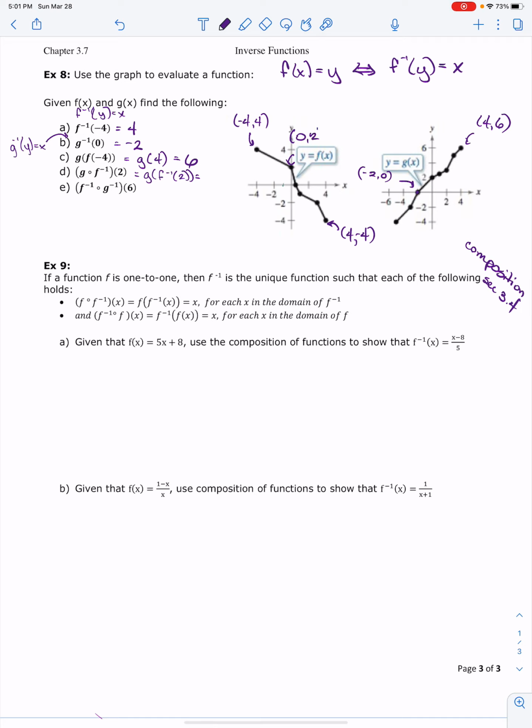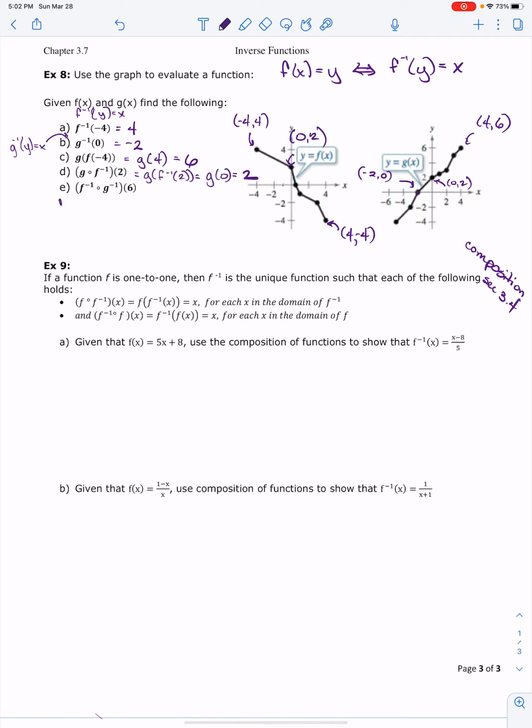When x is 0, y is 2. So f inverse of 2 is 0. I'm going over here. When x is 0, g of 0, y is 2. So here we get 2.